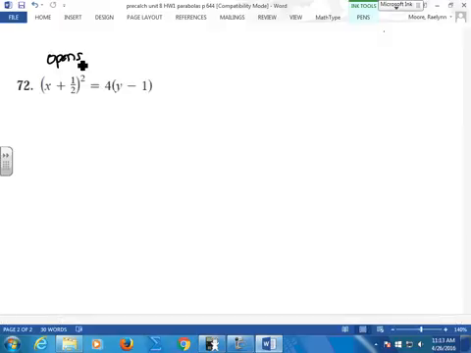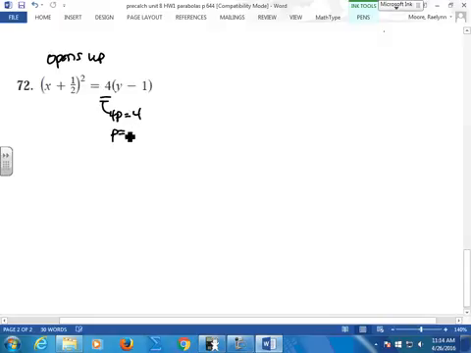Up or down, or left or right? Up or down, it's x squared. And when P is positive, it's going to open up. How do I know P is positive? Because this little guy has to be equal to 4P. Therefore, what is P? 1. Okay.